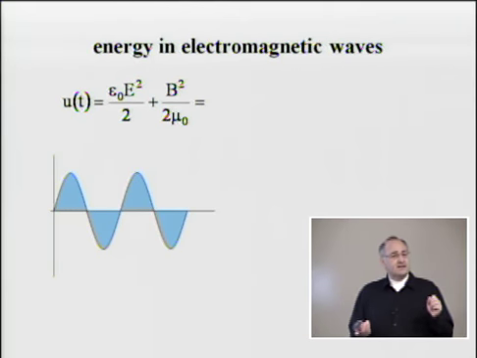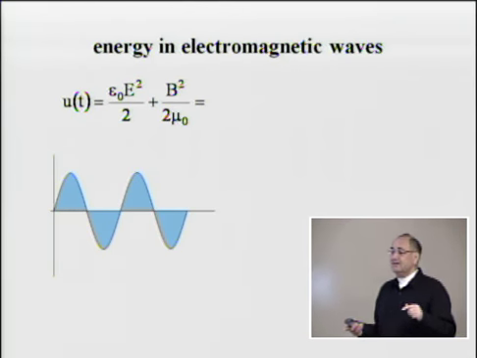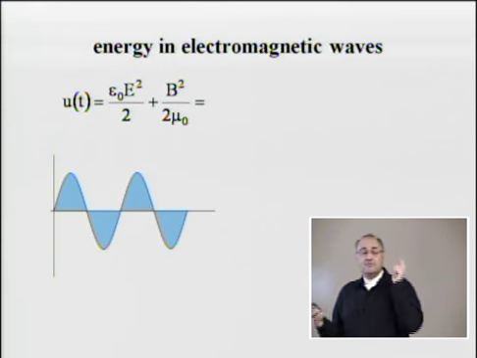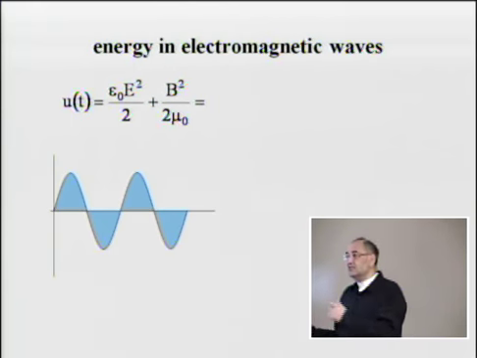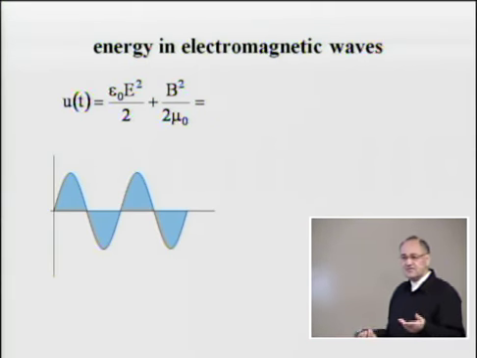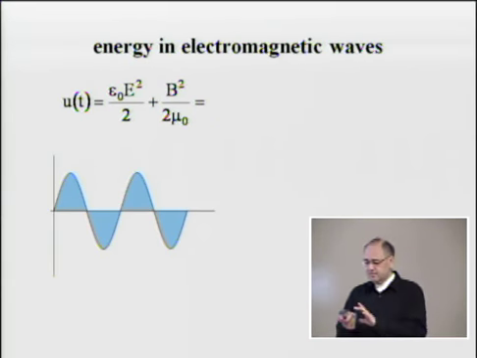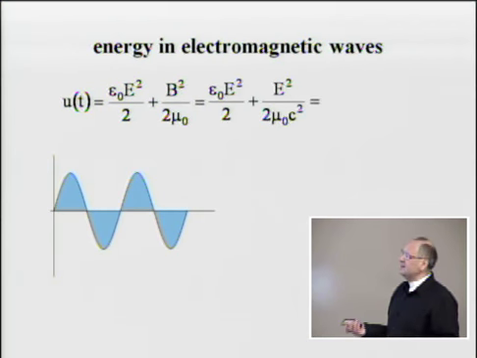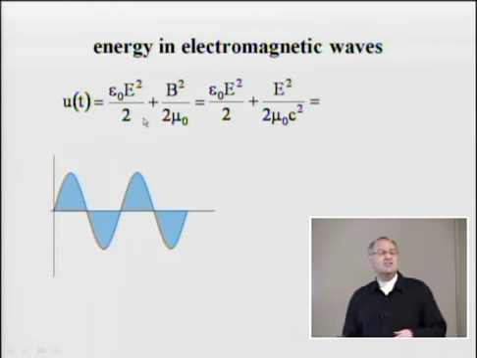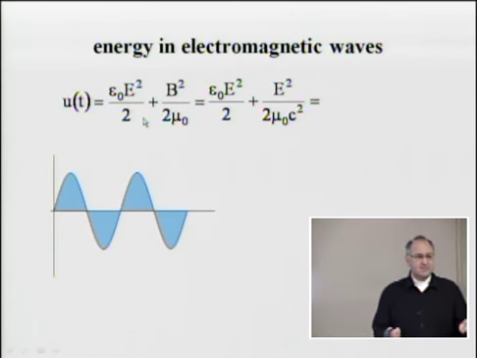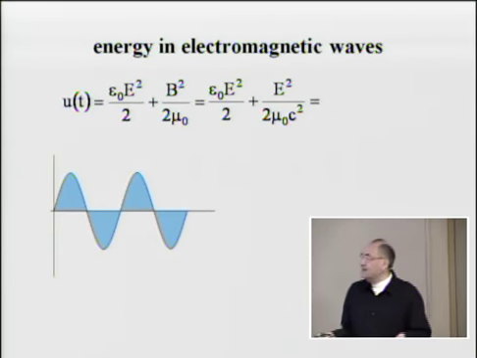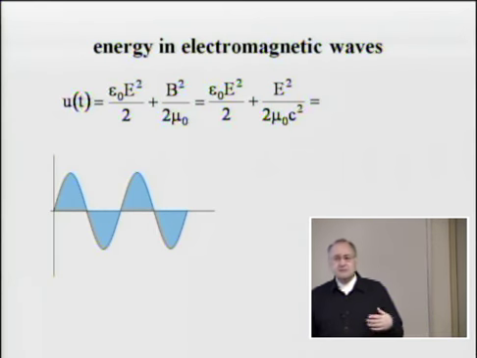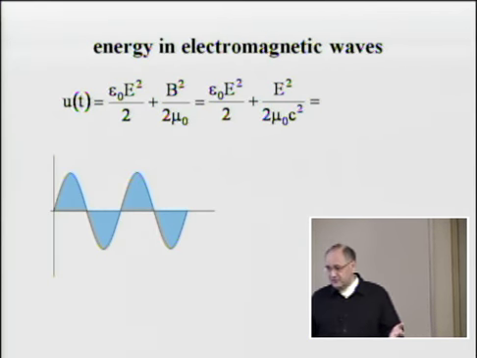Additionally, in an electromagnetic wave, we have already found a relationship between electric and magnetic field, and it's fixed. The quotient of electric field over magnetic field is always equal to the speed of light. So I can actually relate energy density to just one of the fields, and it doesn't matter which one. Traditionally, we pick the electric field vector.